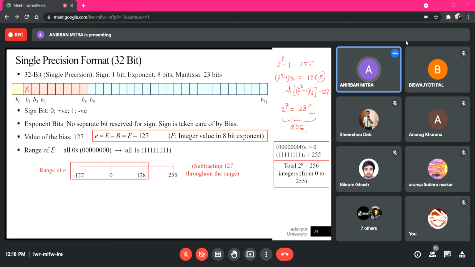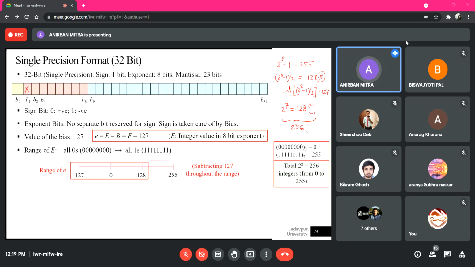So that is the range of the exponent small e. How many numbers can I represent here? 256. So I have not saved anything.